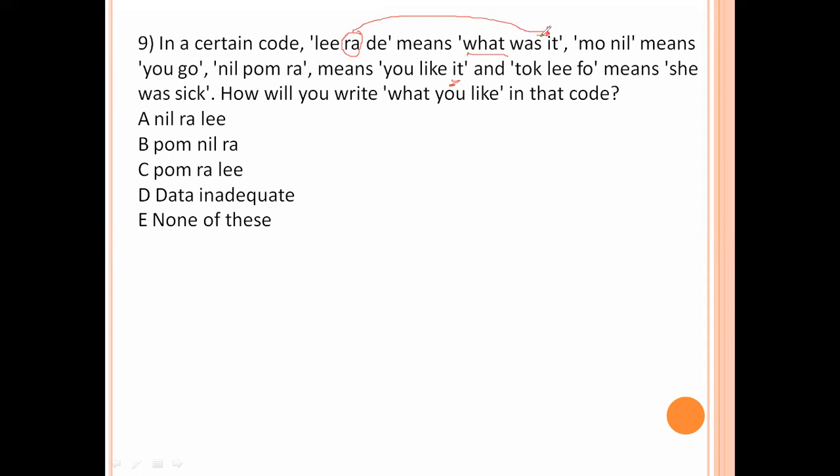Was, she was sick, code is TOLEFO. So LE means was. DE means what? Here in any one of them is DE there? No. So none of these is the answer.